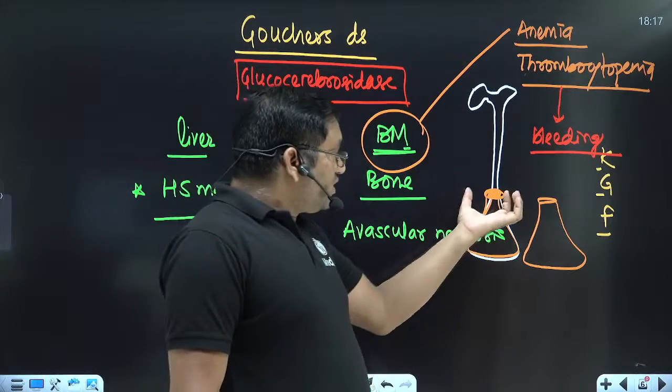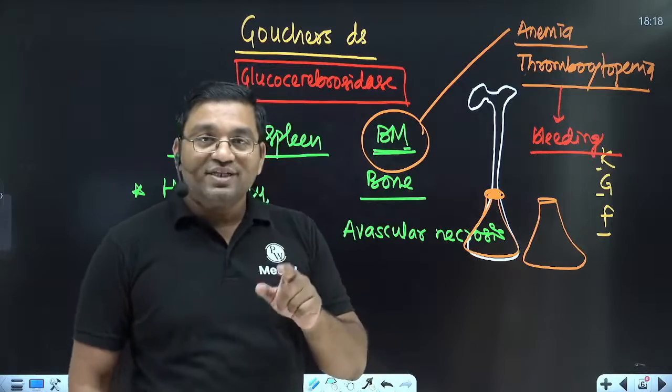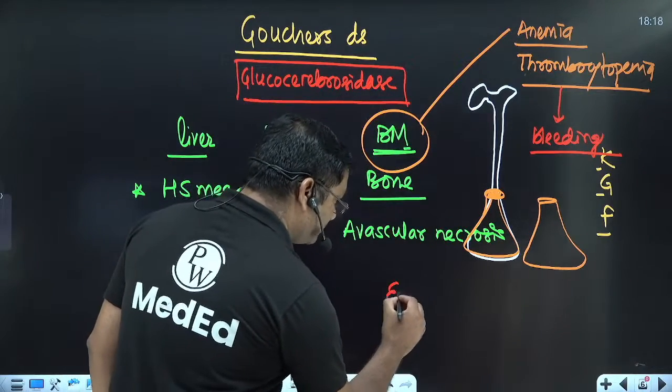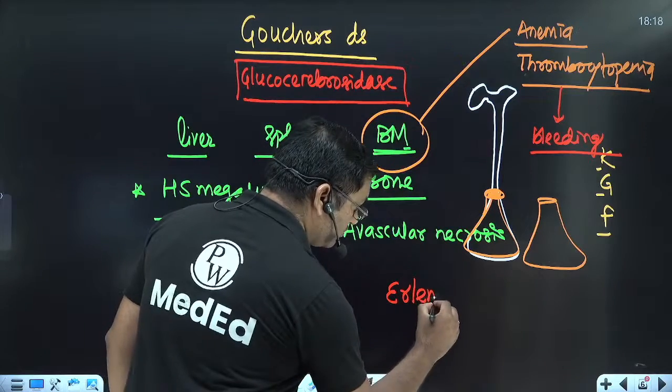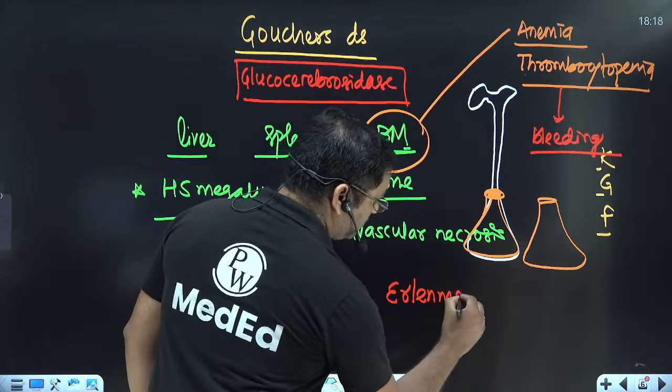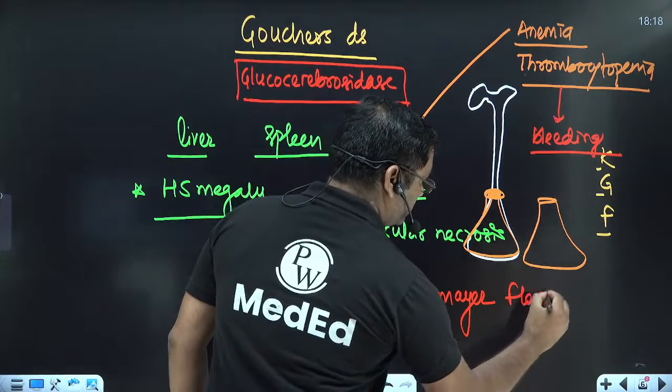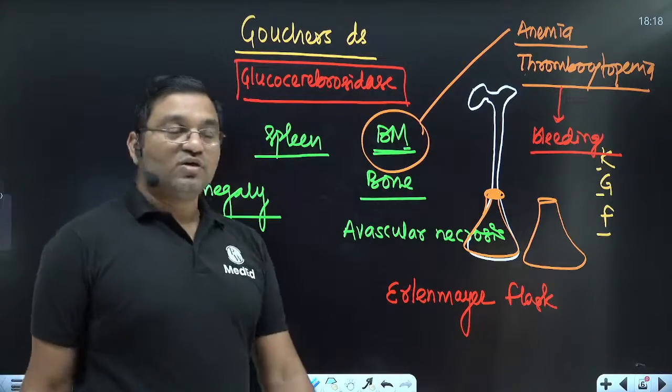There is a typical deformity in the long bone known as Erlenmeyer flask deformity.